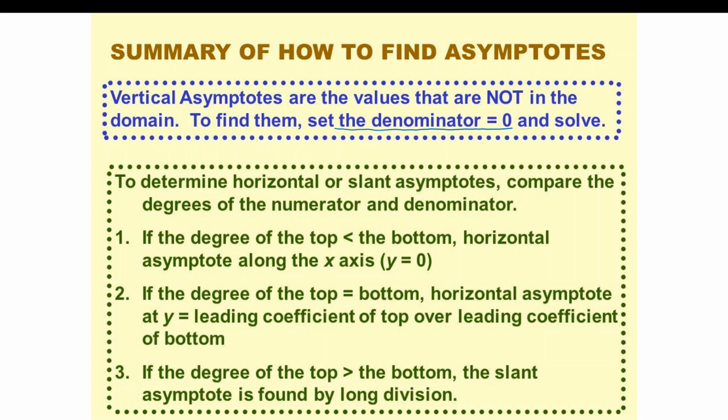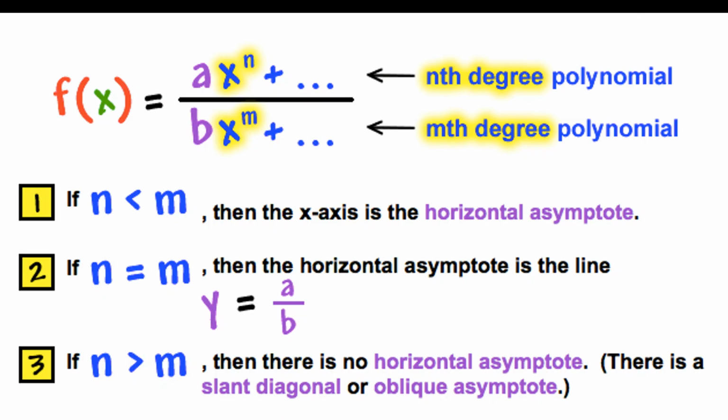If the degree of the top is equal to the bottom, the horizontal asymptote is at y equals the leading coefficient of the top over the leading coefficient of the bottom. And finally, if the degree of the top is greater than the bottom, the slant asymptote is found by long division, and we're not going to do that in this lesson. And one more time, this is the chart that I'm going to have you use, and you can just look at it one more time. It's saying the exact same thing.